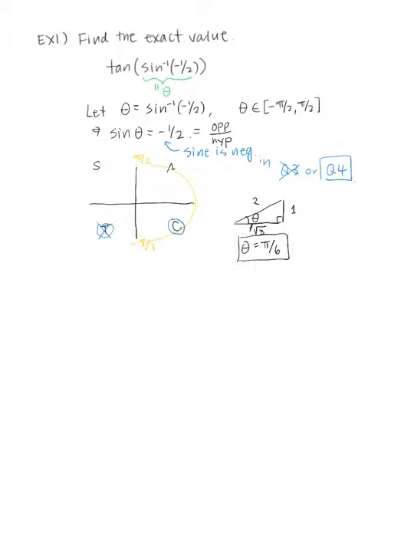So from the x-axis, you're going to have to go down pi over 6 units towards the fourth quadrant. Let me just draw that situation in the quadrant picture that I just drew. So what you need to do is go down pi over 6 units.